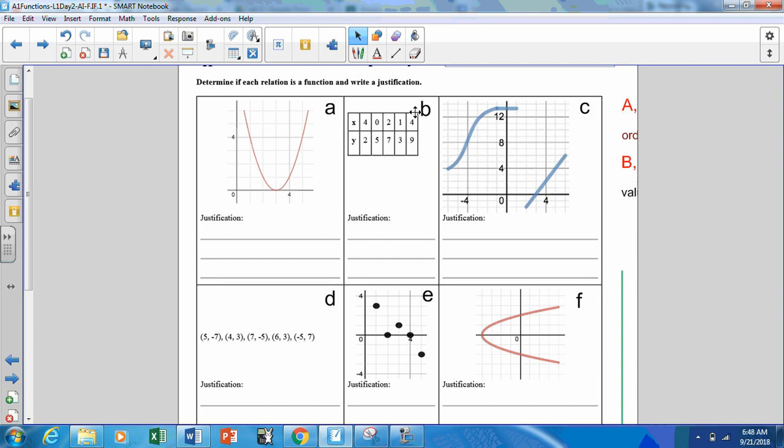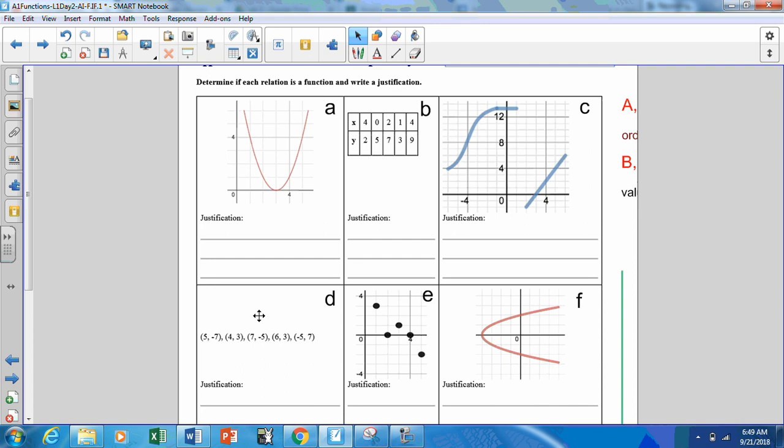Remember, the idea is this: you can only have one birthday, but many people can share the same birthday. So what makes a function is that there's only one output for every input. Let's take a look. You have 4, 0, 2, 1, 4. Oh, that doesn't work. The number 4 is repeated. So that would not be considered a function.